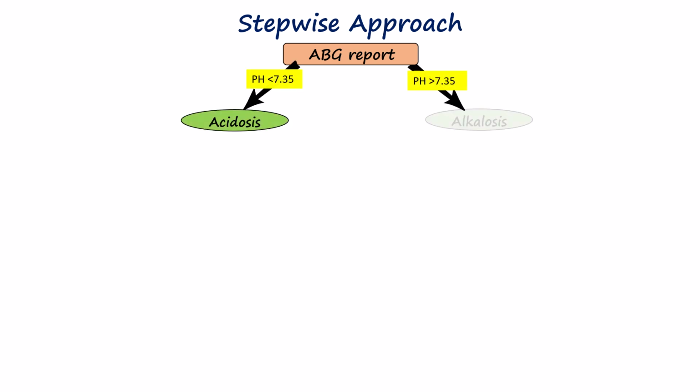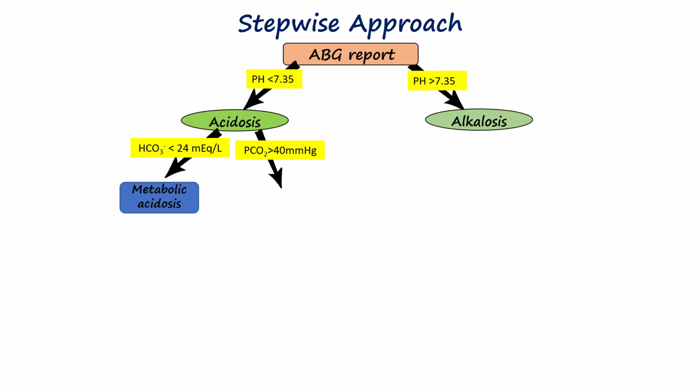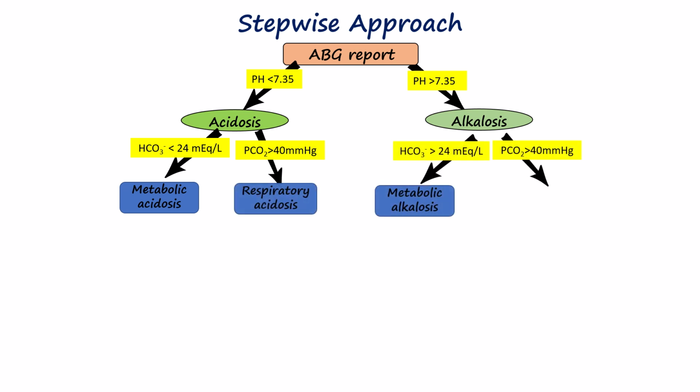Now, to systematically analyze acid-base disorders, we start by looking at the pH to figure out if the patient is acidemic, alkalemic, or in the normal range. Then we identify the primary disorder, whether it is respiratory or metabolic, by examining how the pH, PaCO2, and bicarbonate levels relate to each other.